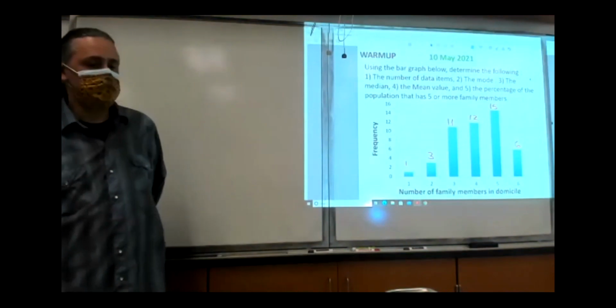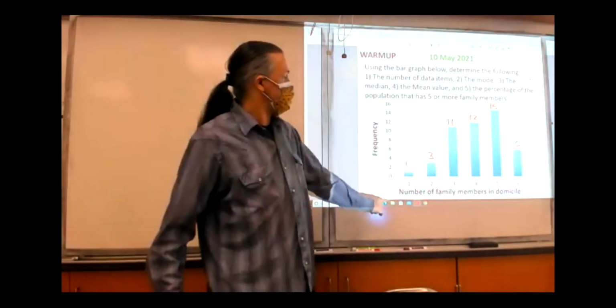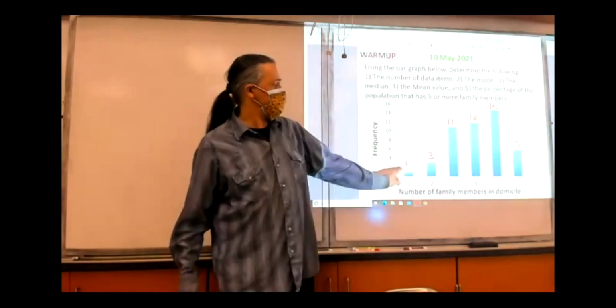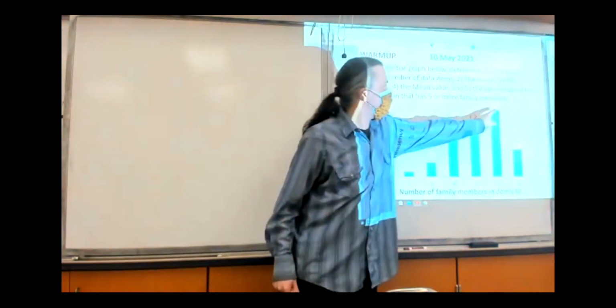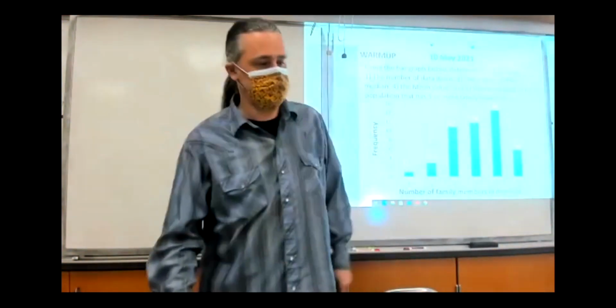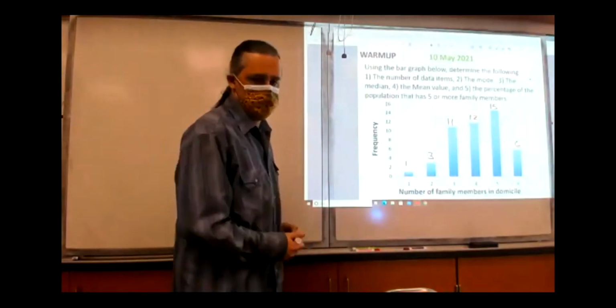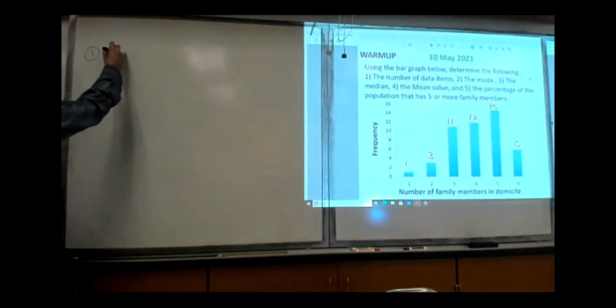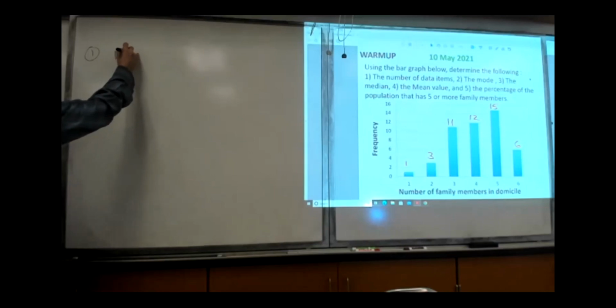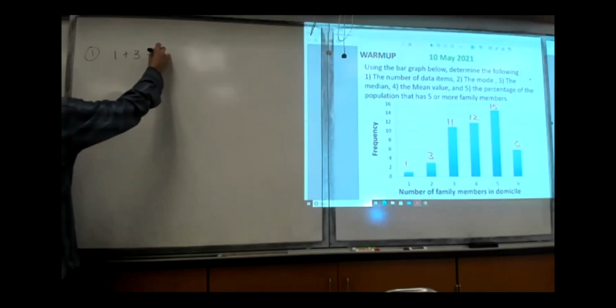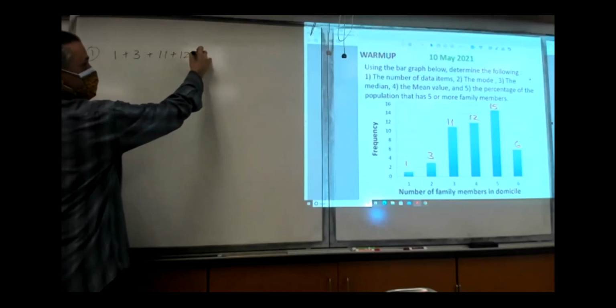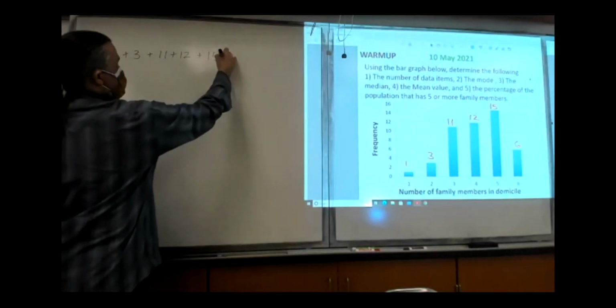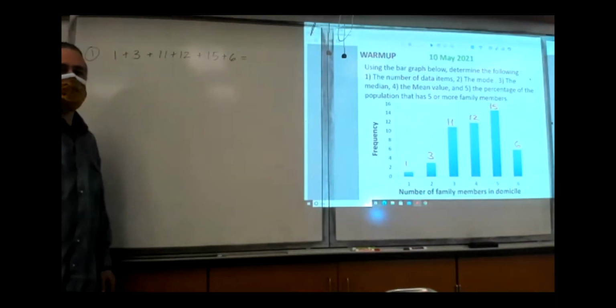Okay, so when we add those up, you'll find out the number of data items. So 1 plus 3 plus 11 plus 12 plus 15 plus 6. Okay, did anybody get that?